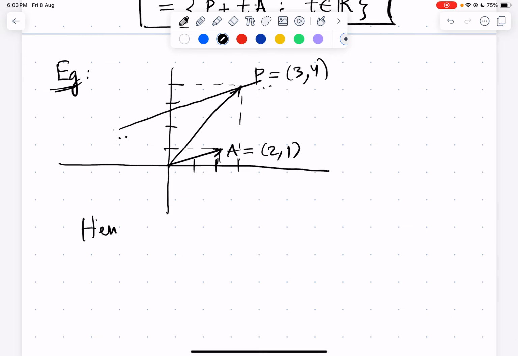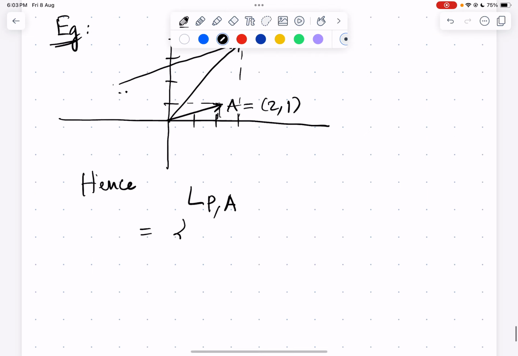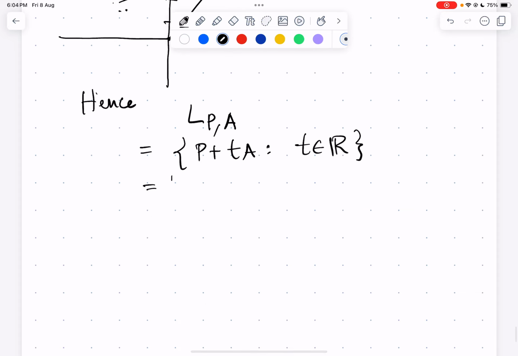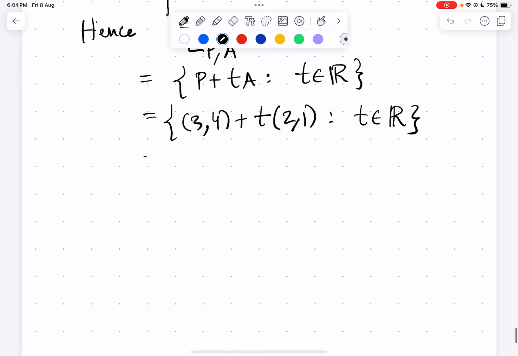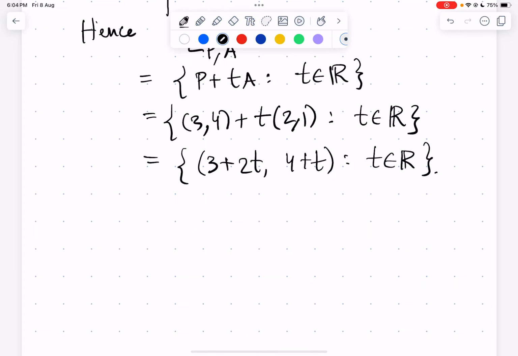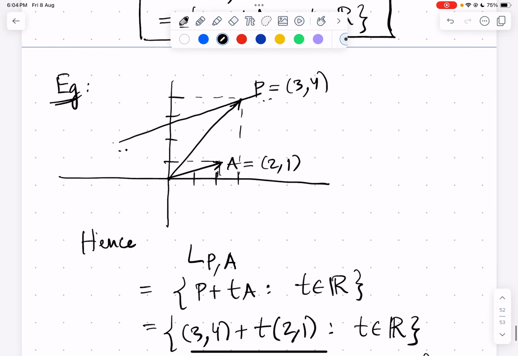So in this picture, the line through P parallel to A is just this collection of these points P plus TA where T varies over R. So P is 3, 4 plus T times A, which is 2, 1, as T varies over R. So it is just 3 plus 2T and 4 plus T. This is the line through the point 3, 4 parallel to 2, 1.